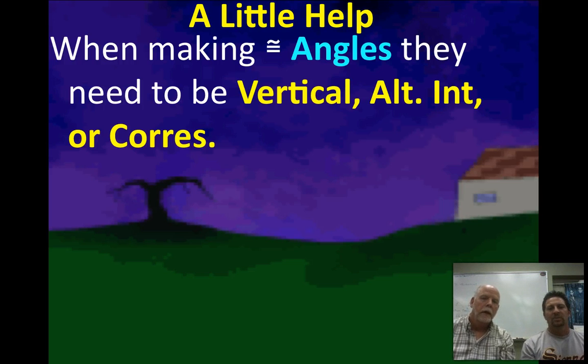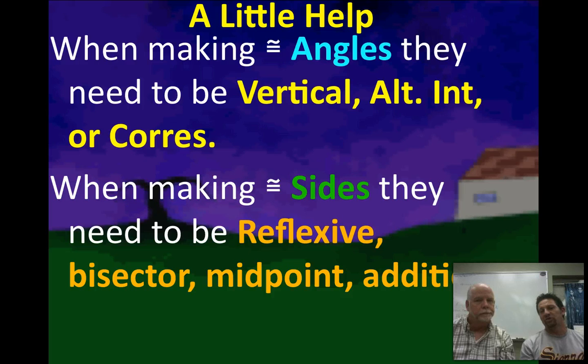And then sides. So when making congruent sides, they need to be reflexive, which on the last page there, you got to see what that looks like 3 times. Way easy. Bisector, a midpoint, and addition. Segment addition postulate, adding some pieces up. So bisector, you're going to be given a bisector, or a perpendicular.